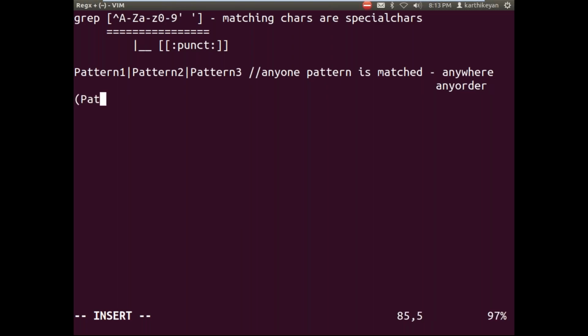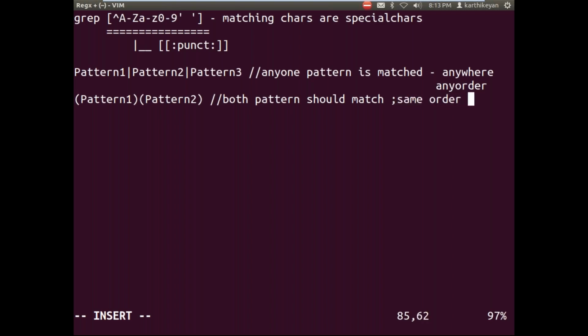The same, if I write with the compound, the grouping, pattern 1 and pattern 2, like this. So here, both the patterns should get matched. Both the patterns should match in the same order, not alternate order. Same order.